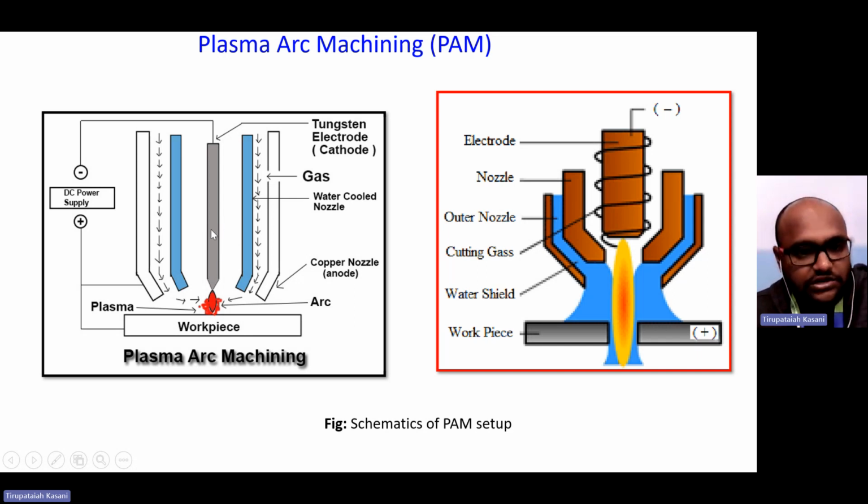Here the gas takes out the molten metal from the machining region, and water is also responsible for taking out the molten material. We can select the medium, either water, fluid, or some other gas, depending upon the application and the material that you want to machine.